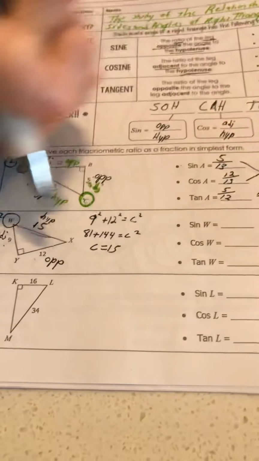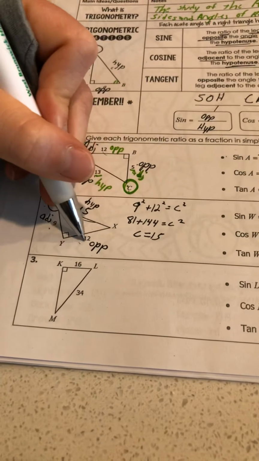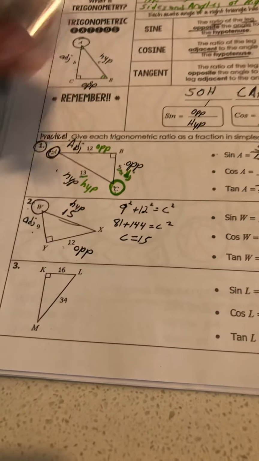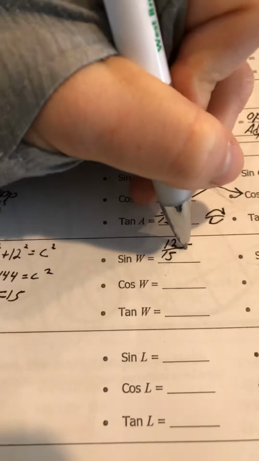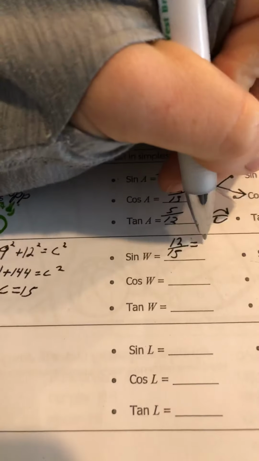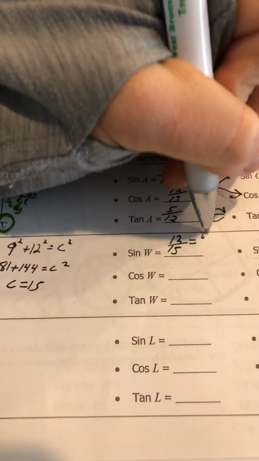So sine, SOH, so that's 12 over 15. Now 12 over 15, we can simplify that fraction because they're both divisible by 3, and so it actually is 4/5.